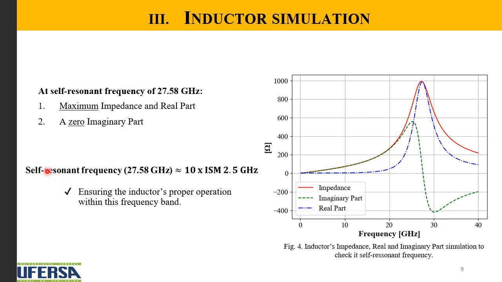This self-resonant frequency of 27 GHz is about 10 times greater than the ISM 2.5 GHz, which is the frequency of the LC filter. This ensures the inductor's proper operation within the frequency band, this frequency here.